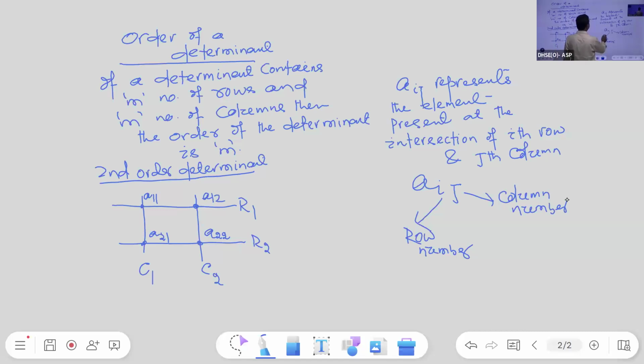So Aij represents the element which is present at the intersection of ith row and jth column, right? So the general form of a second order determinant is D equals A11, A12, A21, A22. Okay, this is the general form of a second order determinant.